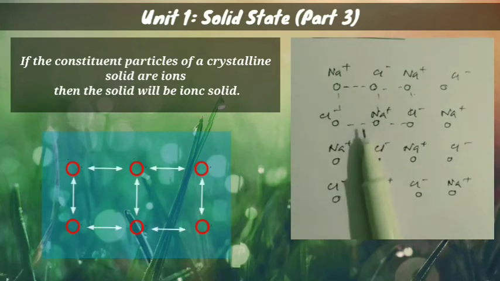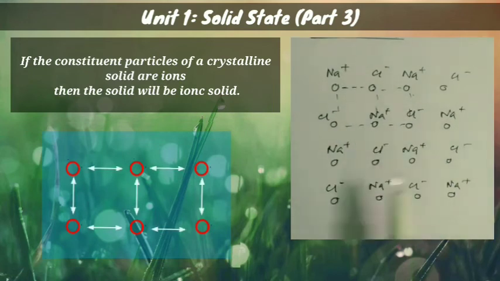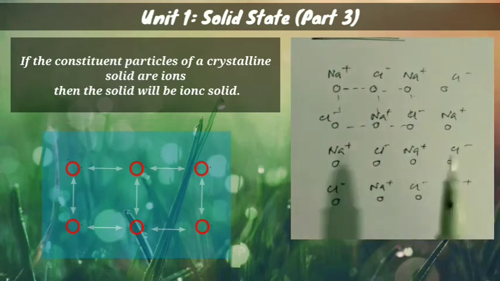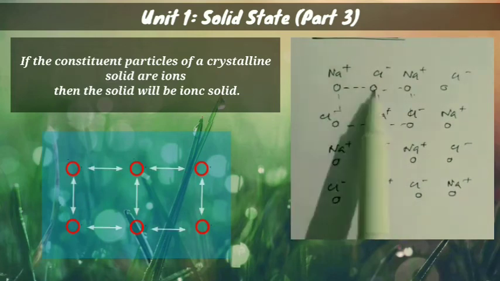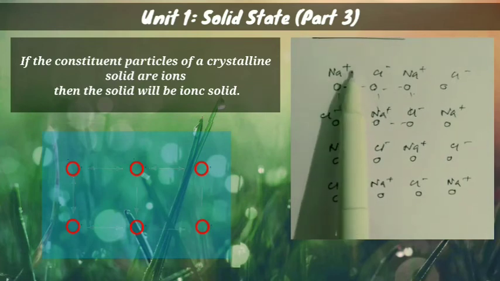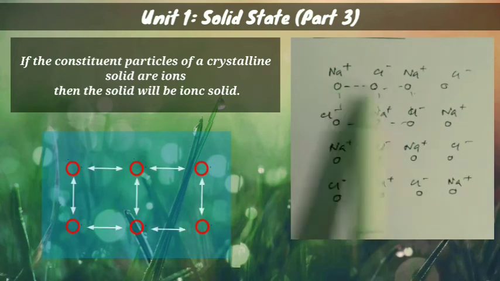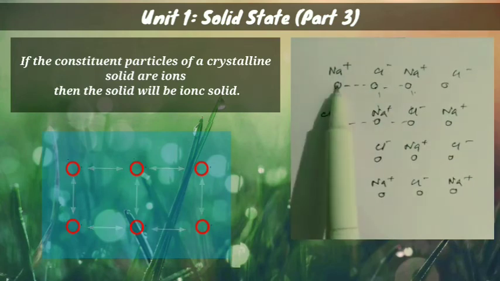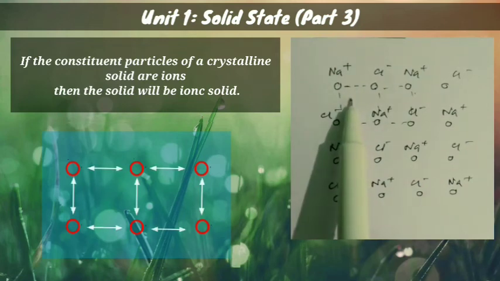They are brittle, and they also have high melting and boiling points, because the intermolecular forces of attraction are very high. To break the intermolecular force of attraction, or to separate these ions from each other, we have to apply more energy. So that's why the melting and boiling points are high.